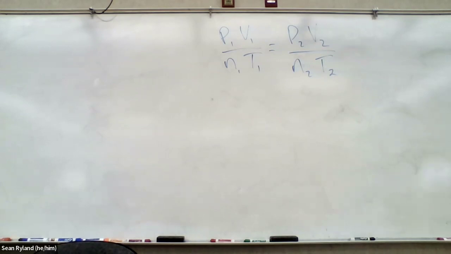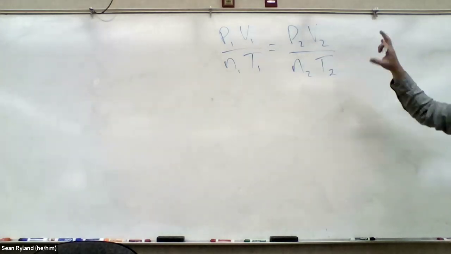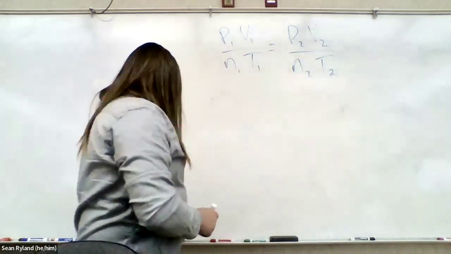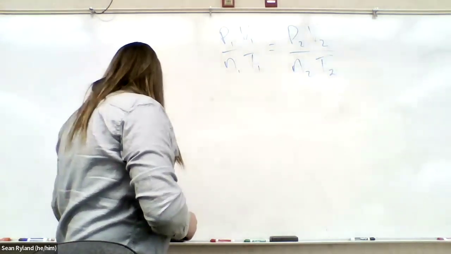A balloon is filled up. Once you fill the balloon up, the moles of gas aren't changing within sig figs. Obviously, we've all seen a balloon eventually lose its inflation, right? We'll talk about that process later. But basically, within sig figs, we can say the moles of gas is the same. And if it's the same on both sides of this equation, what can we do?